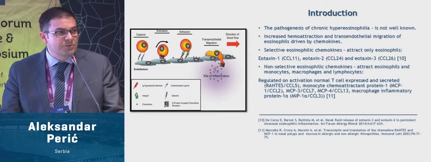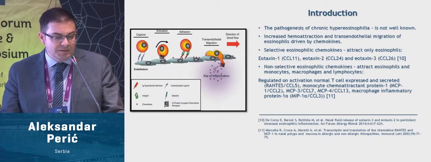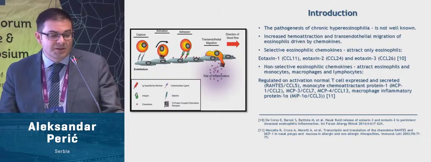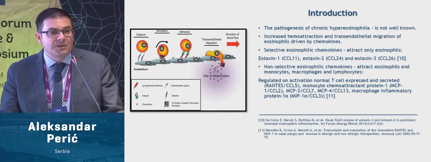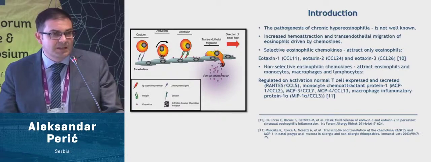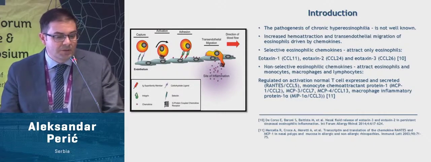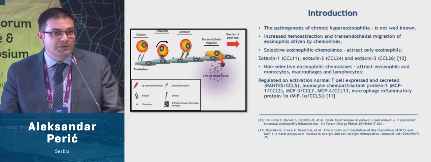Previous investigations showed increased epithelial cell permeability in primary sinus epithelial cell cultures and increased chemoattraction and transendothelial migration of eosinophils driven by chemokines. Eosinophilic chemokines can be divided into selective and non-selective eosinophilic chemokines. Selective eosinophilic chemokines, including eotaxin 1, 2, and 3, attract only eosinophils.